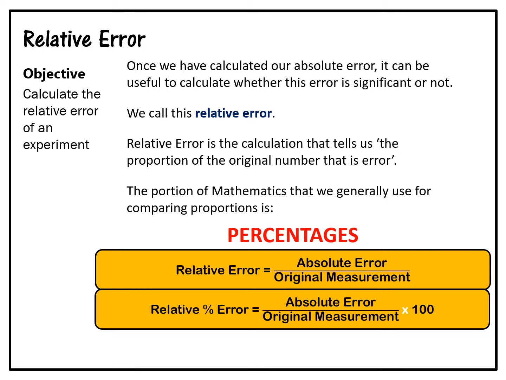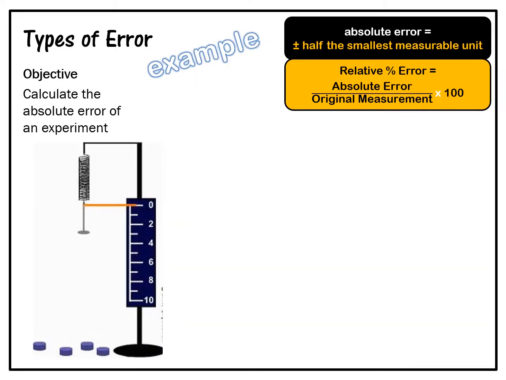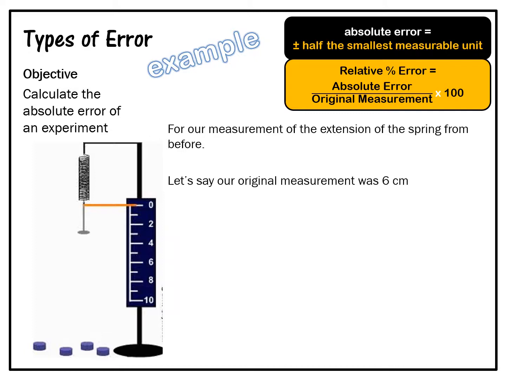And again, let's look at the experiment with the spring. For the measurement of the extension of the spring from before, let's say again our original measurement was 6 centimeters. Our absolute error from before was half a centimeter, because it's half of 1 centimeter, which is the smallest measurement we could make.